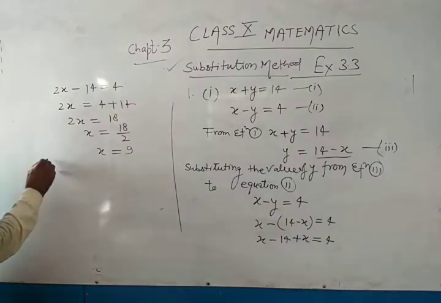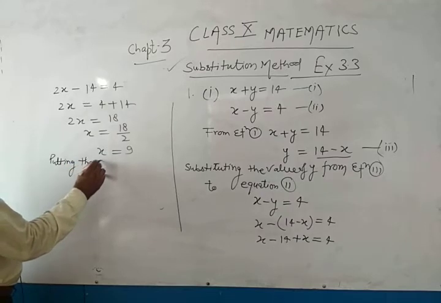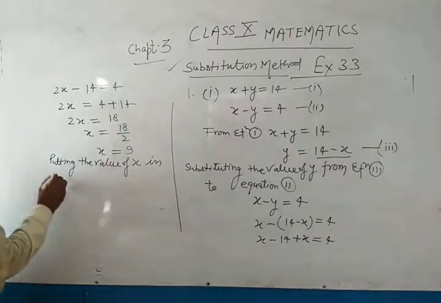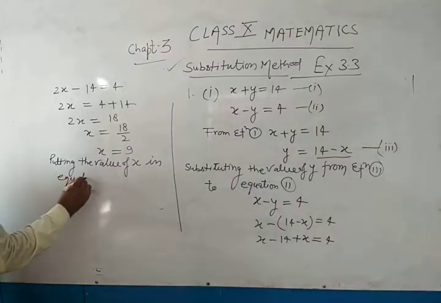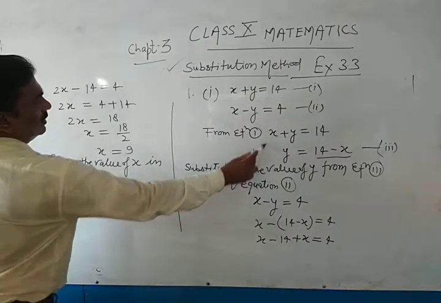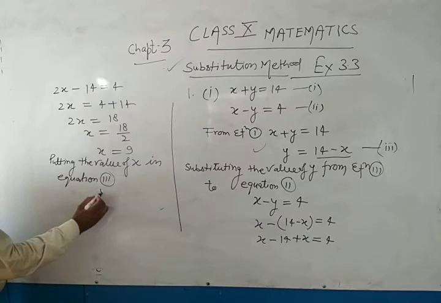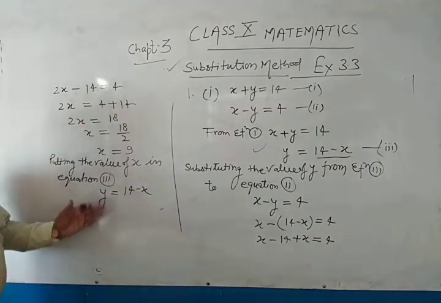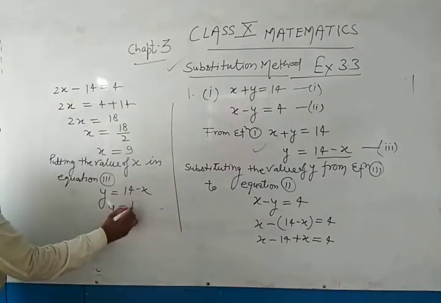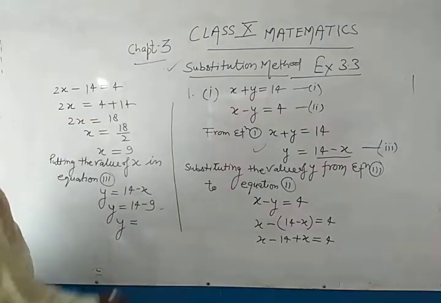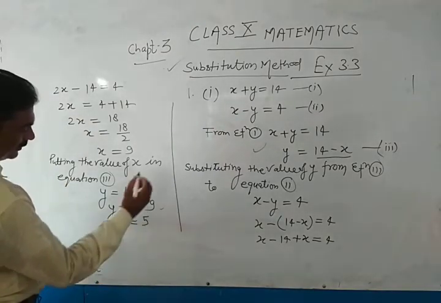Now lastly, putting the value of x in equation 3, which is y is equal to 14 minus x. We put the value of x here, we get y is equal to 14 minus 9, and finally y is equal to 5.